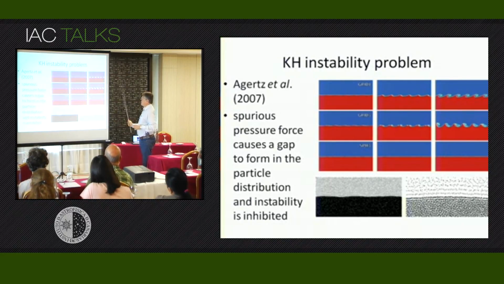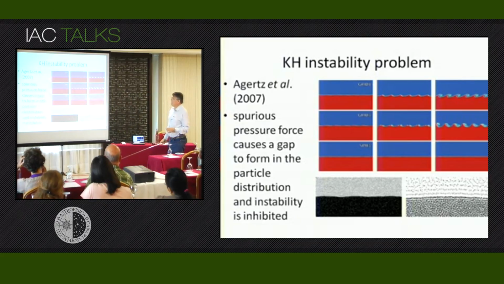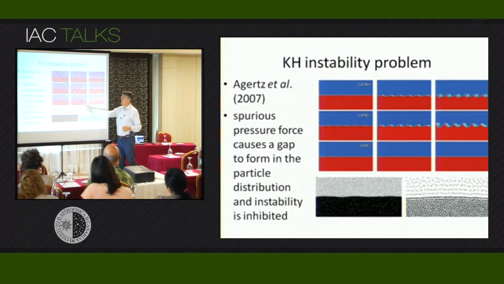And if you use a grid method and you have a flow going one way of low density material and a high density material going in the other direction, you introduce these waves which are properly captured in grid methods. But when you try and do that with smooth particle hydrodynamics, zip, you don't see anything happening.